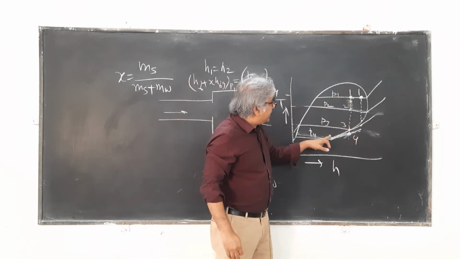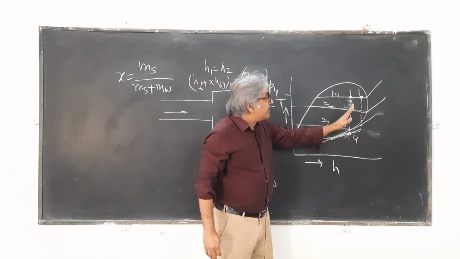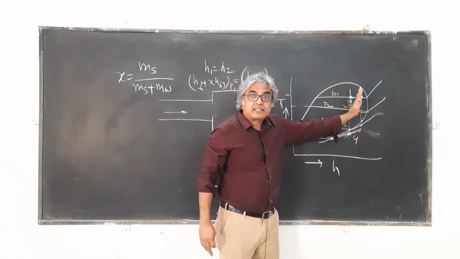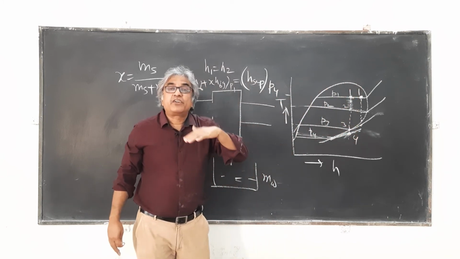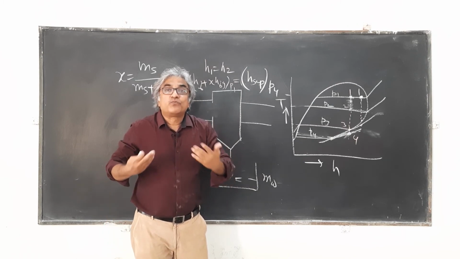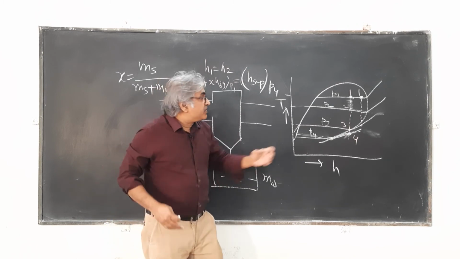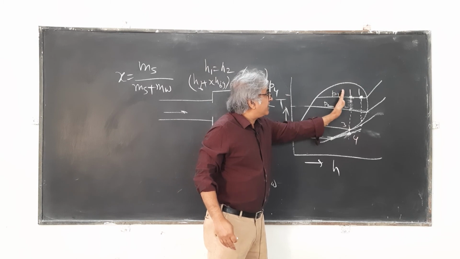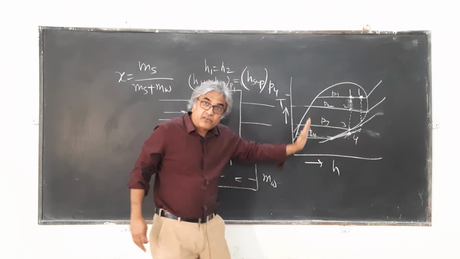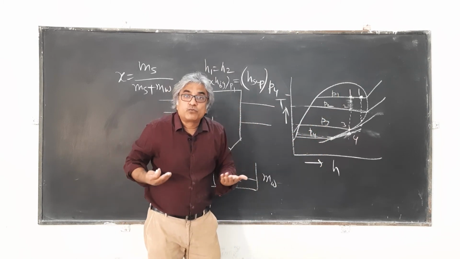The drier the steam, the less pressure drop is required to make it superheated. The more the steam is wet, shift it over to the left, you might have to go still further down in pressure to superheat it.